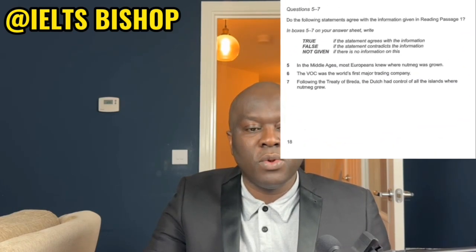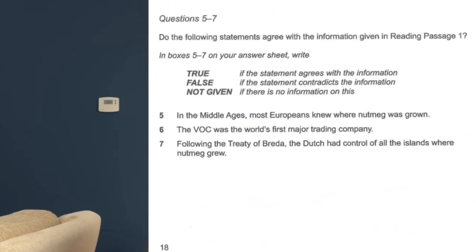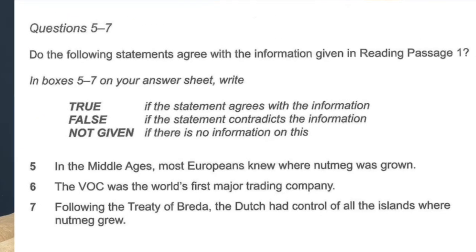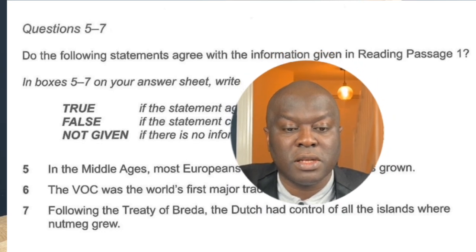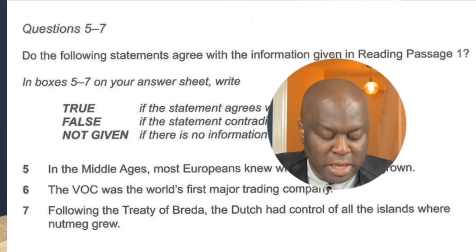All right, so we're going to look at a question that will help us to understand true, false, not given, because we don't have a lot of time. Let's look at this passage right now. Let's look at the question first.